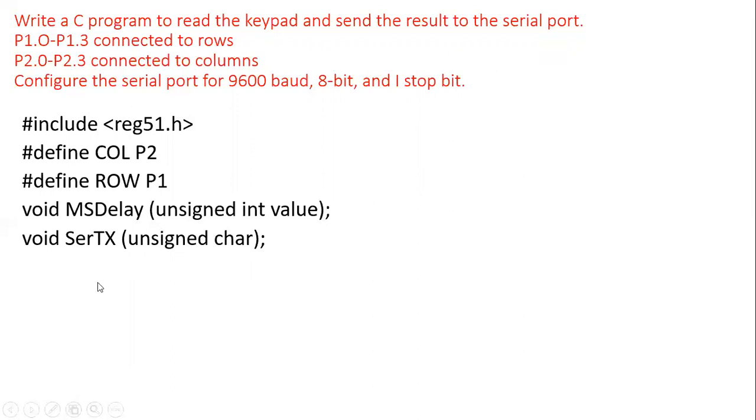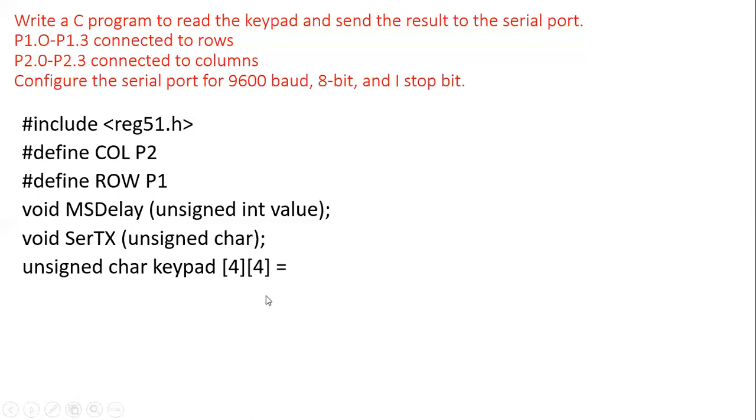Next, here we use an array variable. Since it is outside the main program, it is actually a global variable. It is an unsigned character array by the name keypad, and it has 4 rows and 4 columns. Why do we use this?